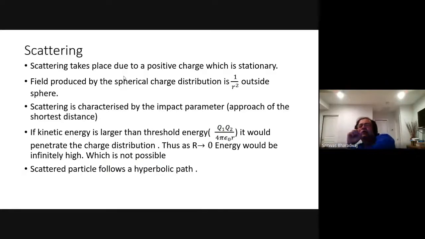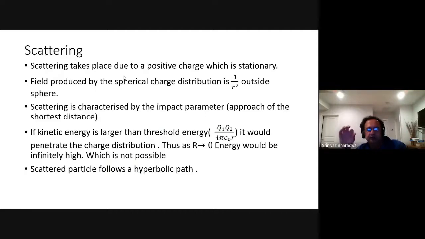When they flew here and there, they would sometimes go through the thin foil and all the way through. Okay, but then there were certain ones that would come and deflect big, and so scattering is characterized by that impact parameter where it would approach close and then get deflected.